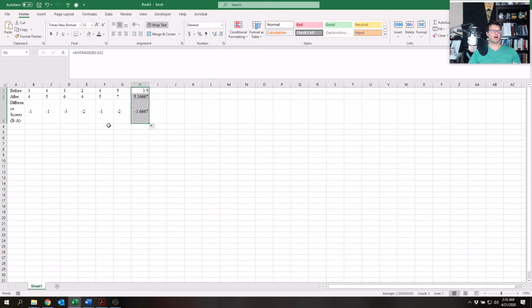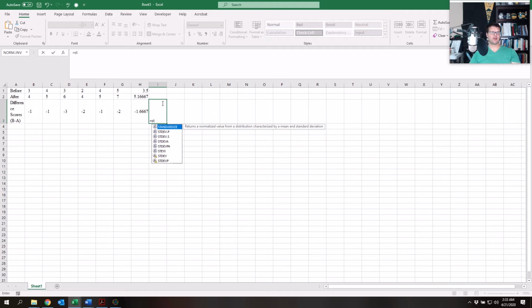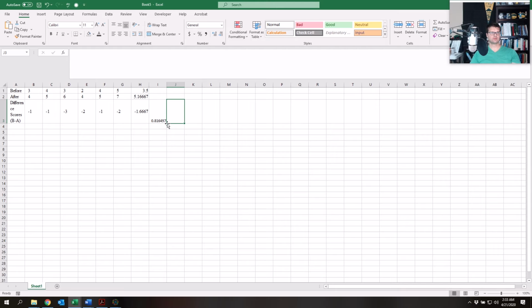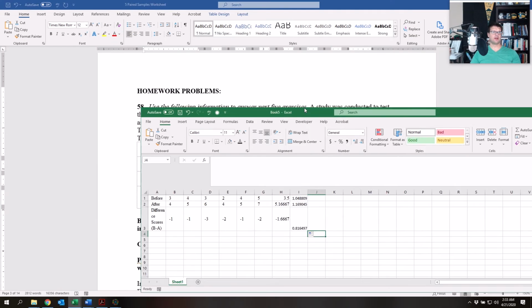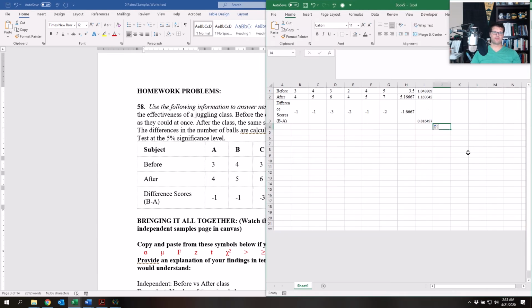We've got the average for after class, the average for before class, and the difference score. Okay, and now we are going to do equals standard deviation of a sample. And I'm going to get the standard deviation. Okay, and we'll stick with that for right now.